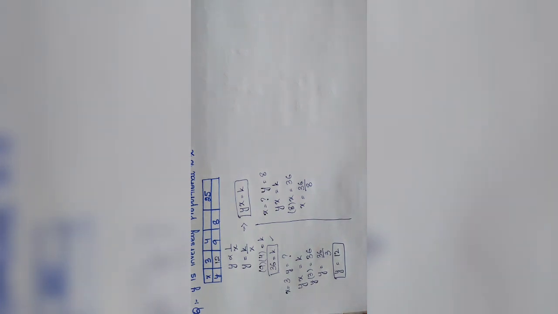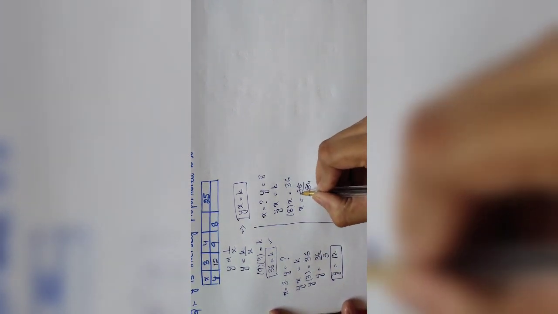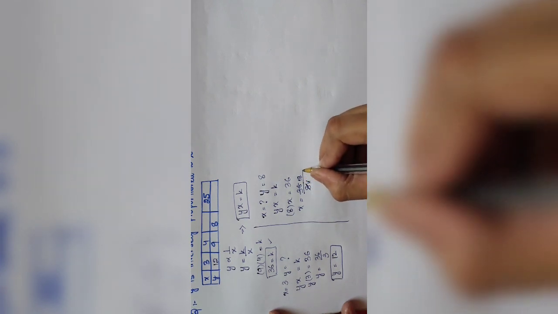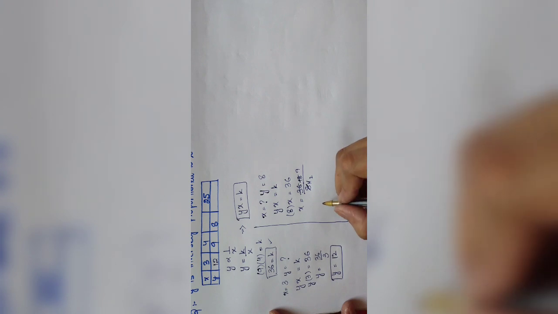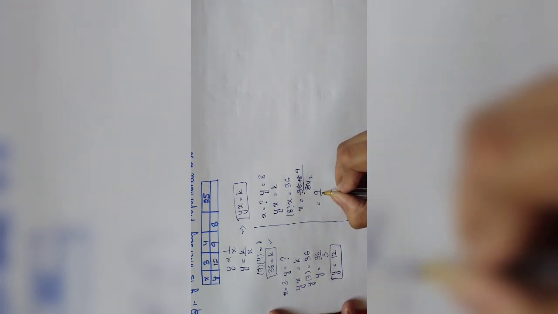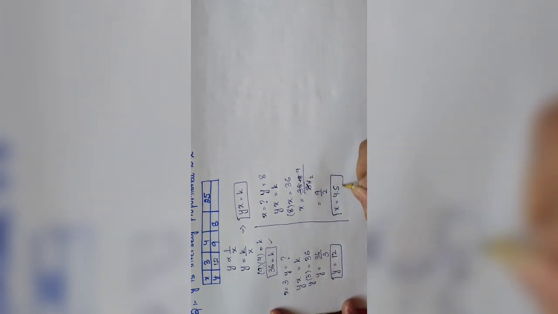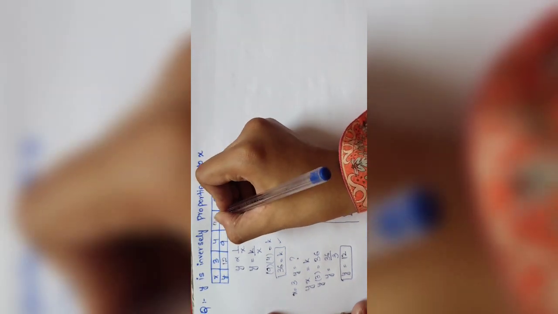Okay, these are not dividing exactly, so we use cutting. It is 9 by 2, and we know that in decimal it becomes 4.5. This is your value for x. Again write it in the table.